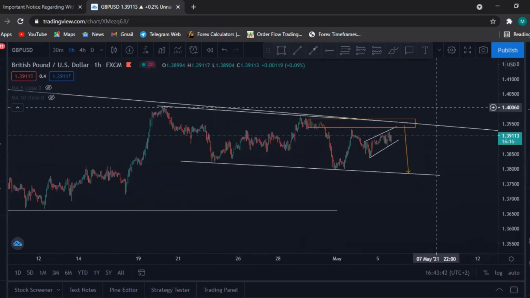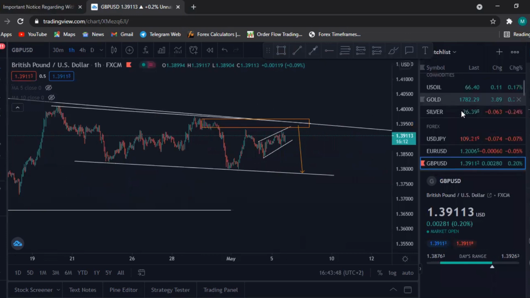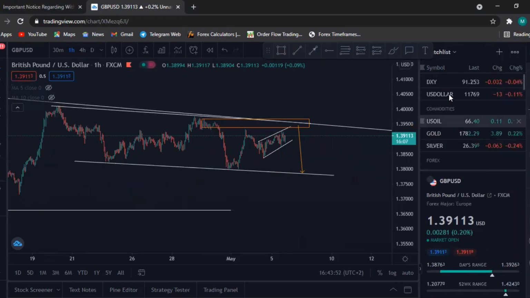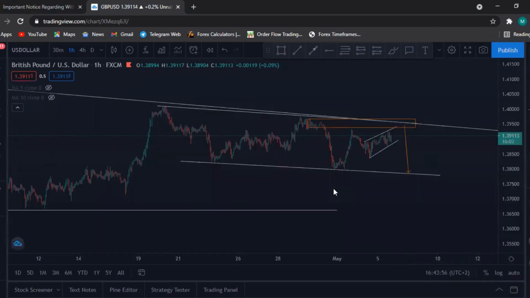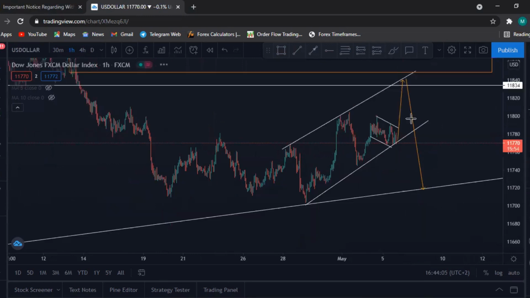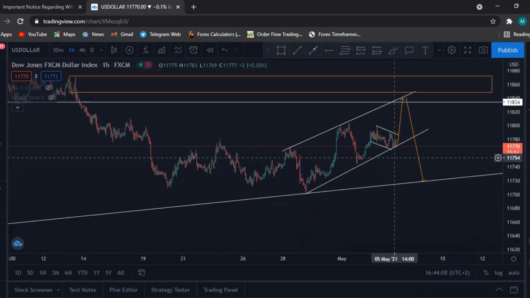So there you have it. Just to recap, the United States dollar index is showing us more bullish strength, meaning there's a higher probability of it pushing to the upside. Revisiting our analysis here, so we expect it to push up.